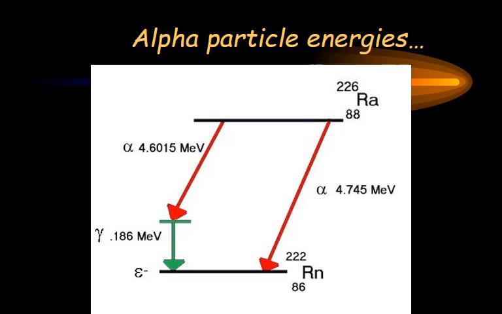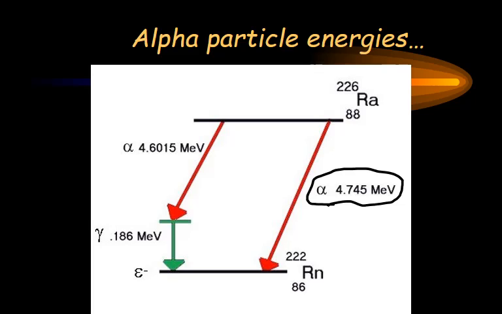All right, so as we consider alpha radiation or alpha decay, we have, in this case, radium to radon, and this alpha particle shoots out. There's a couple of different ways it can shoot out. The nucleus shoots out the alpha particle, transitions all the way down, and the alpha particle itself has this much energy here, 4.745 mega electron volts.